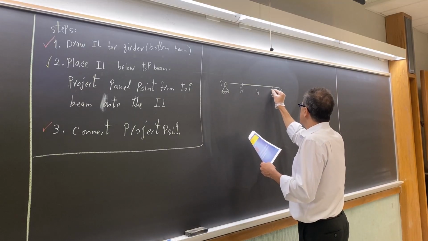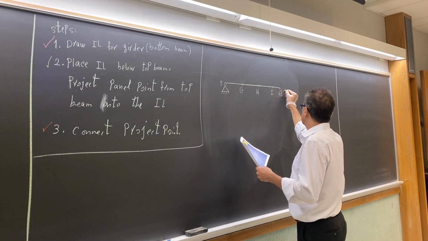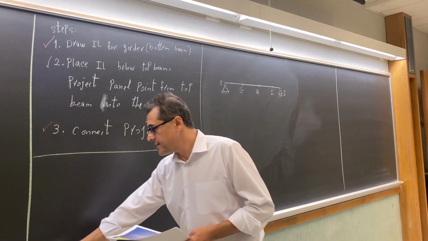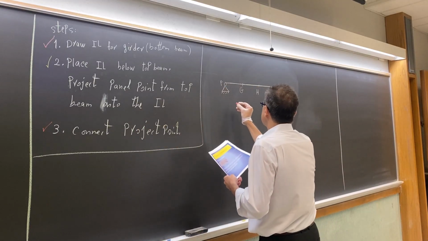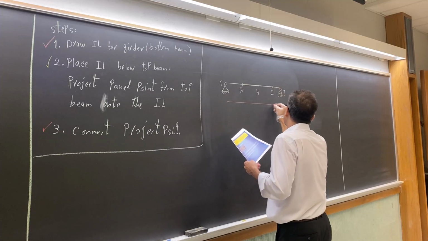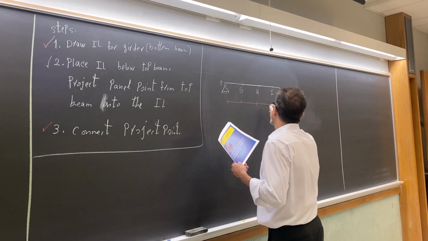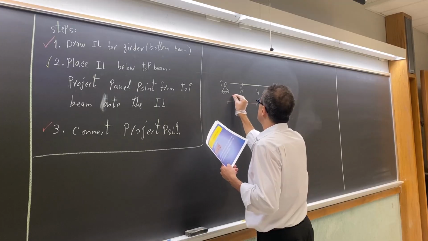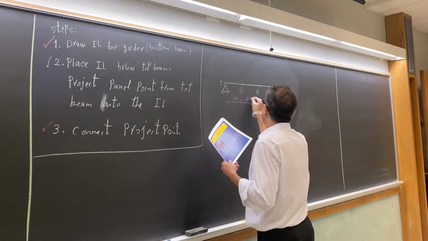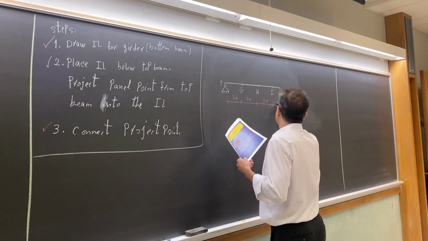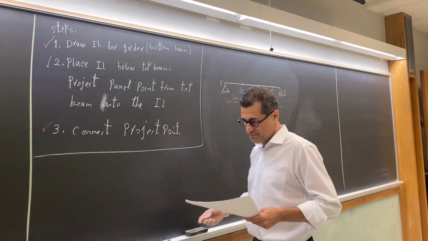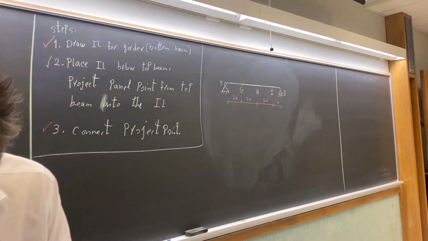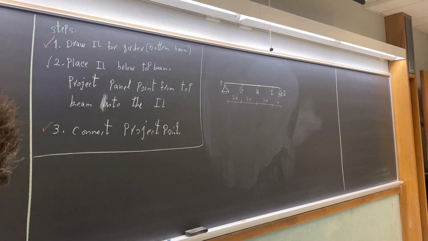This is I, this is J. And then the dimensions are 2A, 2A, 2A, A, 2A, 2A, 2A.